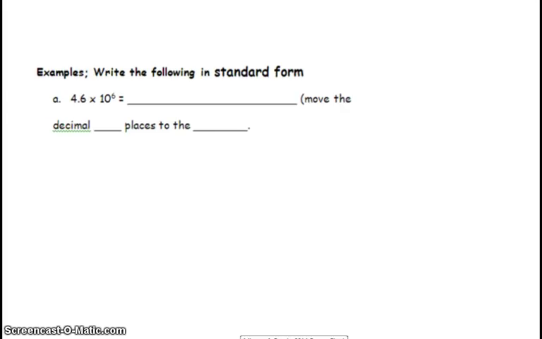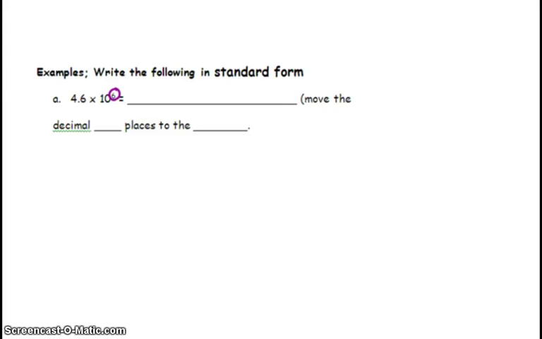Okay, now we're going to look at how to write numbers either from scientific notation to standard notation or standard notation to scientific notation. So in the first example, I see a 4.6 times 10 to the 6. Obviously that is written in scientific notation, so we're going to write it in standard form. The exponent 6 on the 10 tells me that whenever I multiply by a 10 to something, it just basically moves the decimal point.